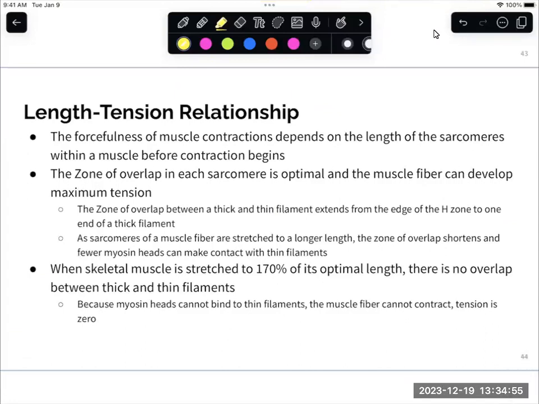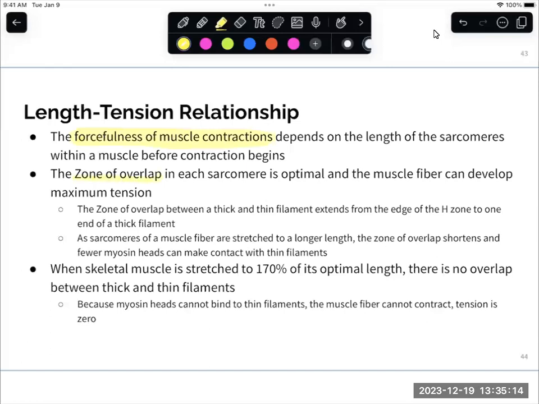So let's look at this length tension relationship. How much of a force we can generate in a muscle contraction is all going to depend on the length of the sarcomere at the beginning of that contraction.